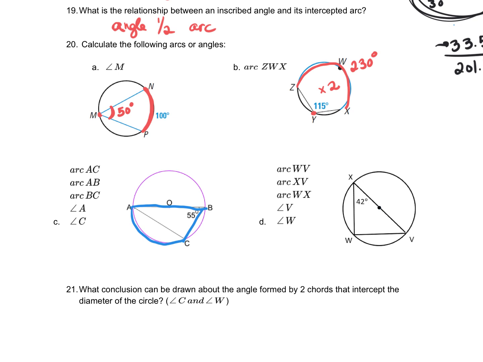So if my angle is 55, that means my arc AC is 110 degrees because I multiplied times 2. Now, arc AB. If you notice, arc AB forms a semicircle because AB is a diameter. So arc AB is 180 because it's half the circle.